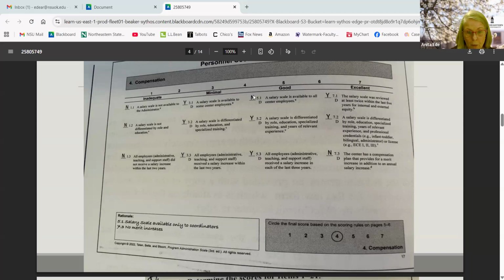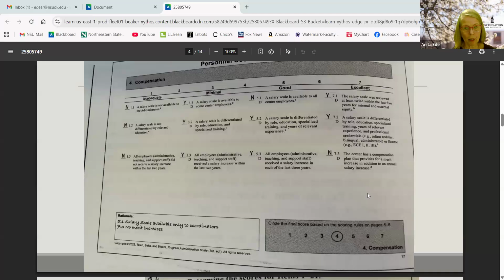We stop with the evaluation once we get to where there's a no. So since only more than half here are rated yes, and all these are appropriate here, we can score this a 4. Now, if all of them were, we would keep moving on, but we're not. This is a 4.